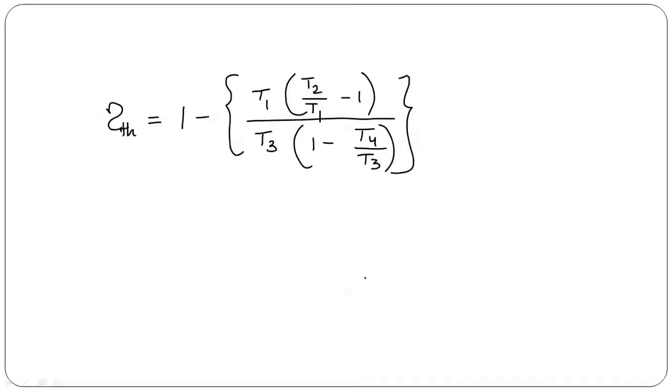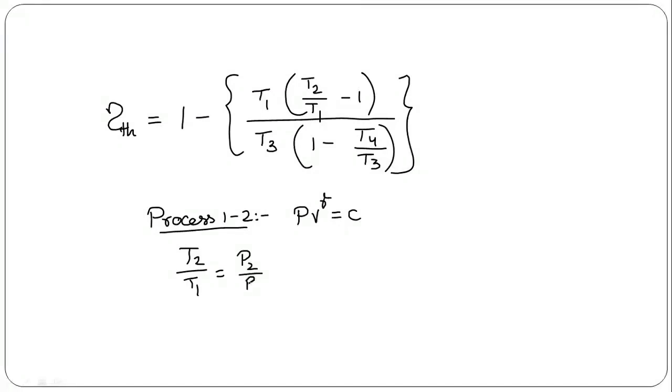Now see process 1 to 2. Process 1 to 2 is isentropic compression. So we can write this as PV to the power gamma equal to constant. From this, T2 by T1 is equal to (P2 by P1) to the power (gamma minus 1) by gamma. P2 by P1 is nothing but the pressure ratio.